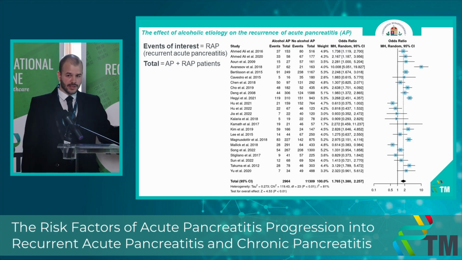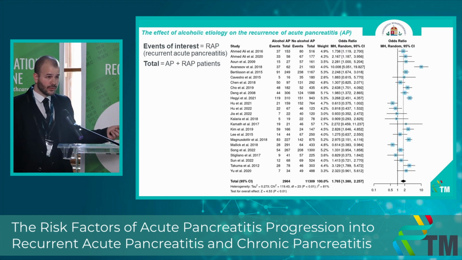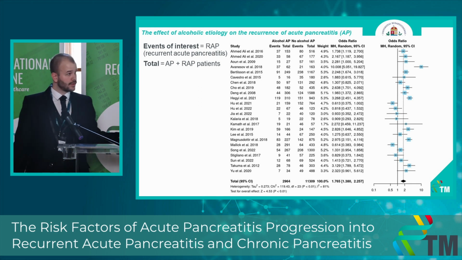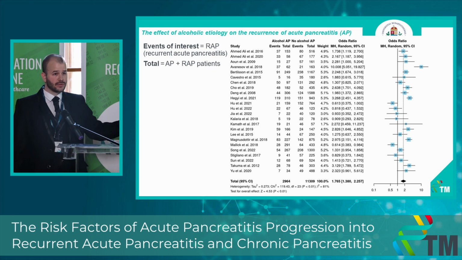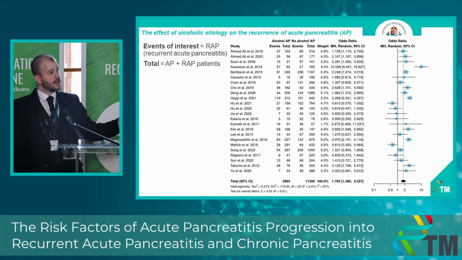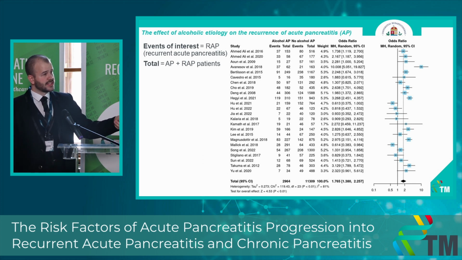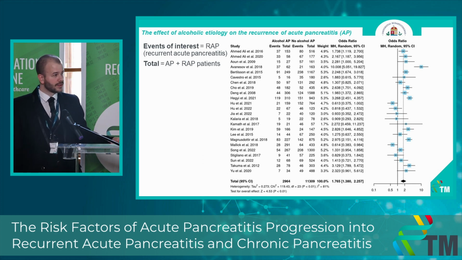This is our second result. Here we investigated the effect of alcoholic etiology on the recurrence rate of acute pancreatitis. 24 retrospective and prospective cohort studies were included in the analysis. The exposure group here consists of patients with alcoholic etiology, while the comparison group includes patients with other etiologies. The event of interest is the same, the development of recurrent acute pancreatitis.